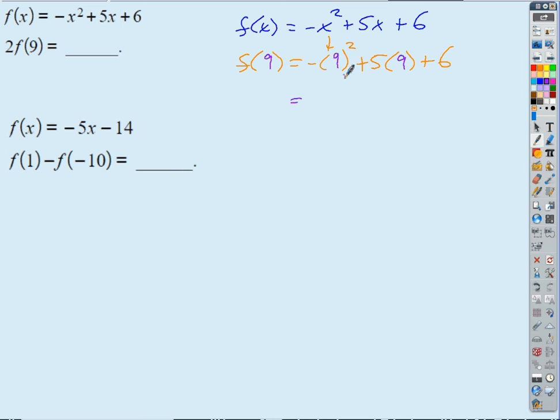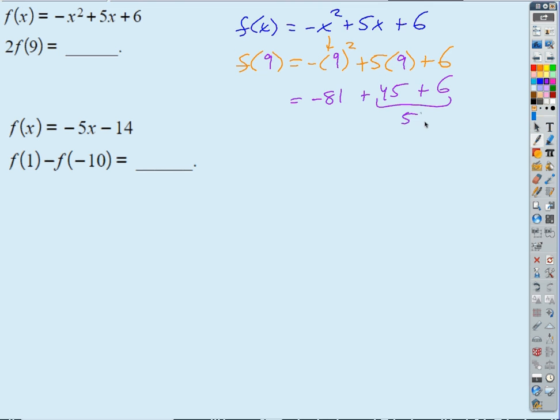I'm going to get 81, which is 9 squared, times negative 1 makes it negative. And I have to follow order of operations, so I have to do the exponent first, right? Don't make the mistake of thinking this is negative 9 squared. It's not. It's 9 squared, negative, right? We have to do exponents first. So we get negative 81 plus 45 plus 6.